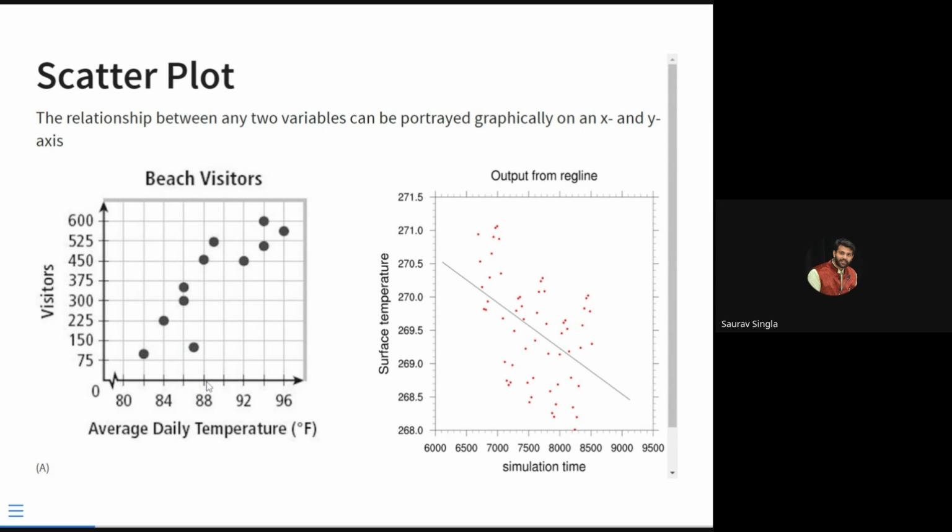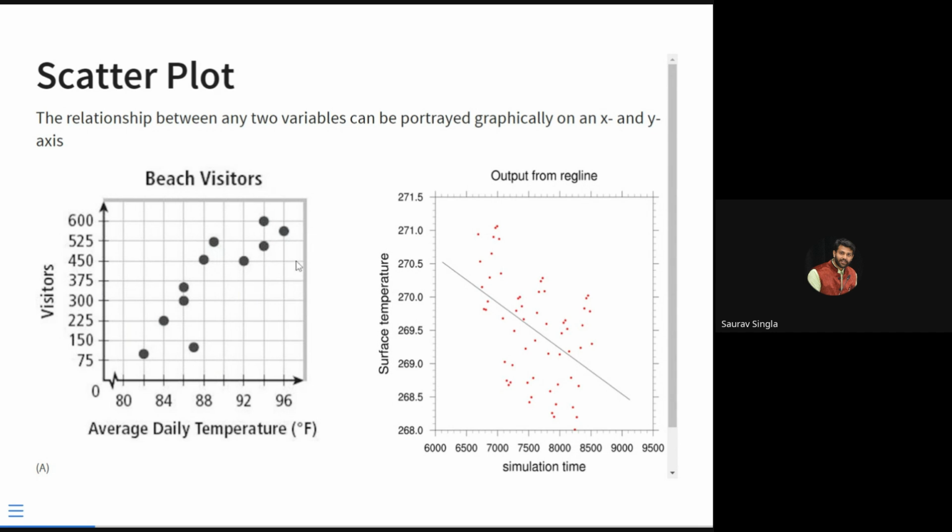There is also one point where the temperature is 87 and the number of visitors is a little below 150. Then at temperature 88, the number is 450, and it is 525 at 89. Similarly for all the dots.